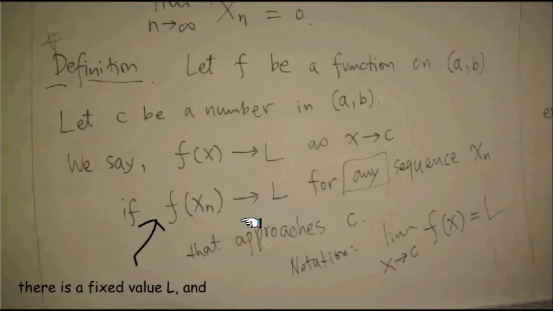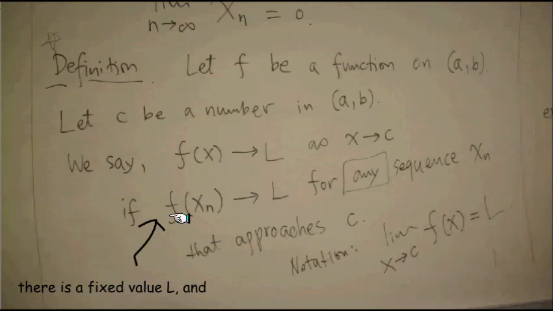So what they considered is, instead of the vague x value approaching c, we replace this x with an arbitrary sequence. I forgot this part in the lecture, so I put it in there. There is a fixed value L as a number, and this f of x_n is a sequence; these are the terms of the sequence.